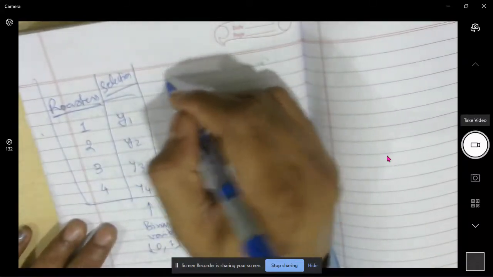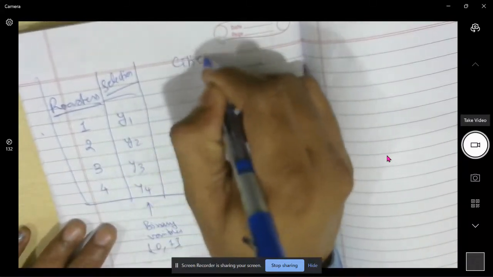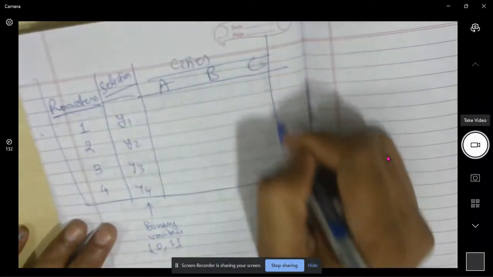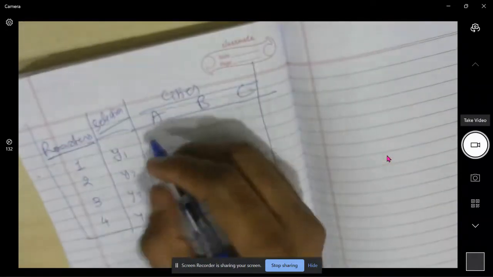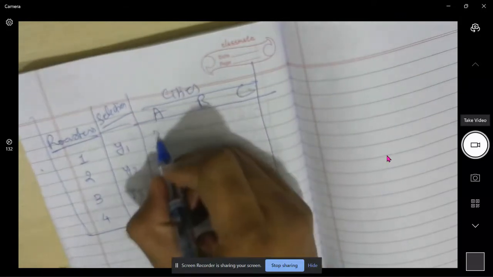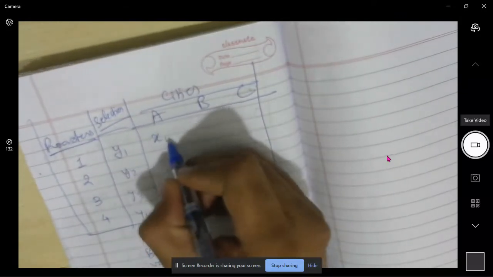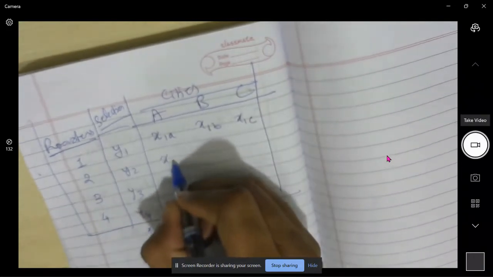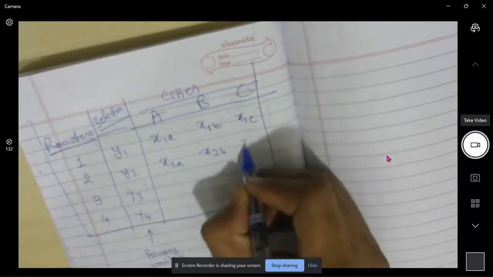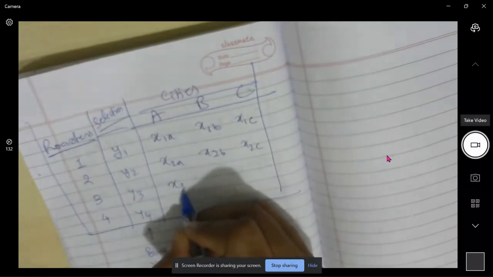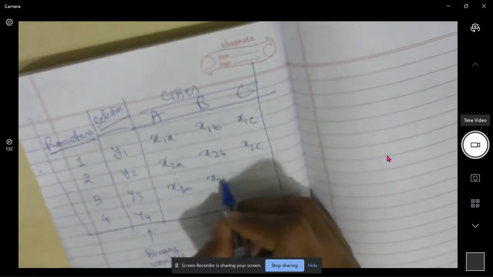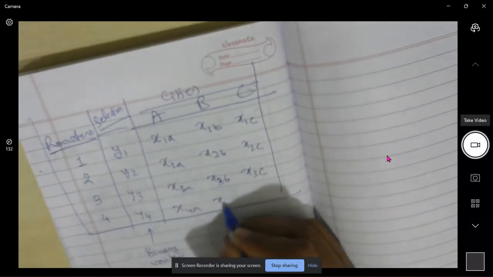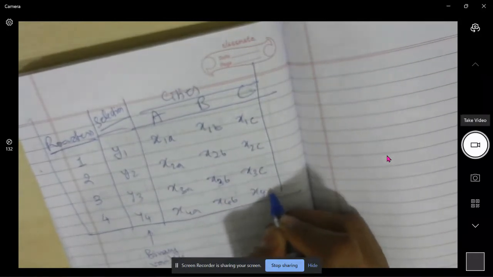Then we have cities, right? The cities, for simplicity, I'll call them city A, B, and C. Now, what are the variables we are using? X1A, X1B, X1C, X2A, X2B, X2C, X3A, X3B, X3C, and X4A, X4B, and X4C.